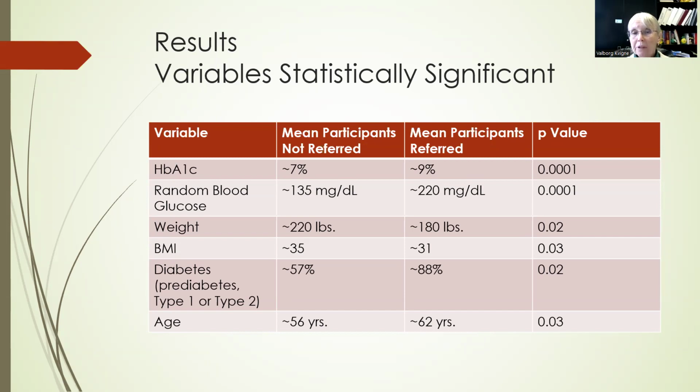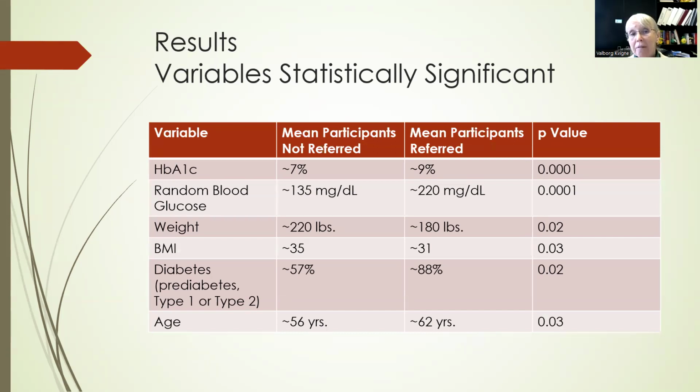The purpose of these variables is to identify people most at risk for having cardiovascular risk factors. And the A1C turned out to be very significant.